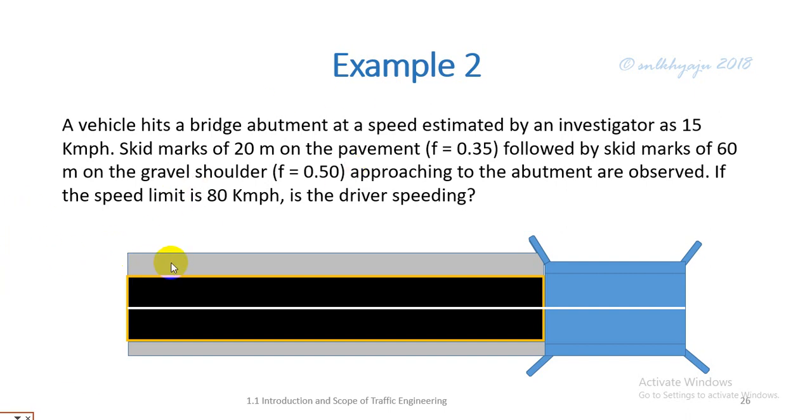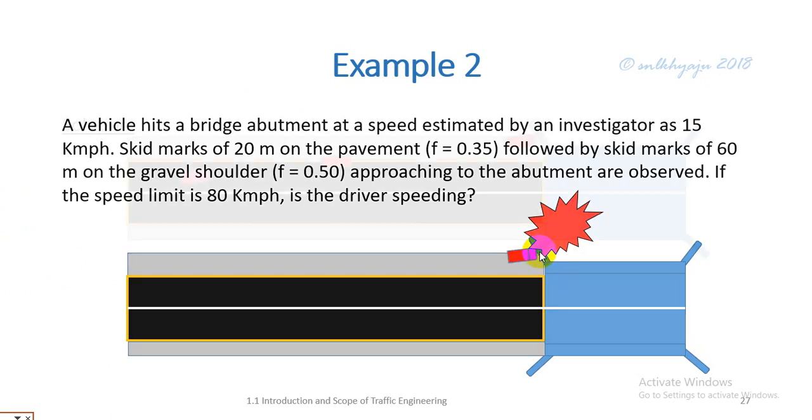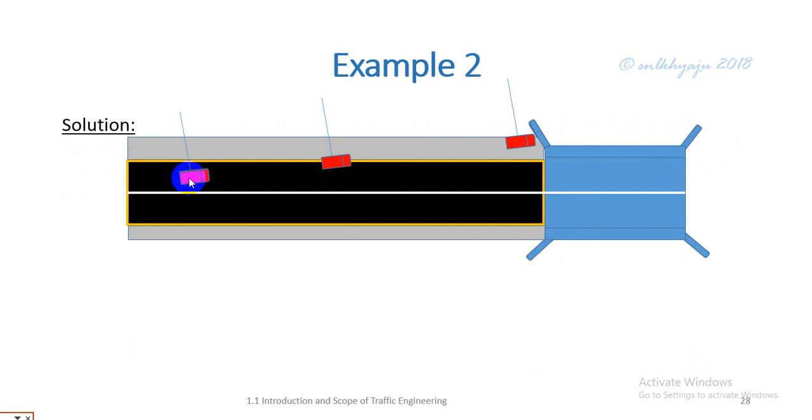This is a straight section of road, and there is a bridge and an abutment. This is the location of the vehicle where the driver applies the brakes and hits the abutment. In this case, this is the initial position where the vehicle starts to apply brake, and at that time the velocity is taken as v0, and then it skids on the pavement surface and leaves a skid mark of 20 meter, and the final velocity when the vehicle enters the shoulder is taken as v1.